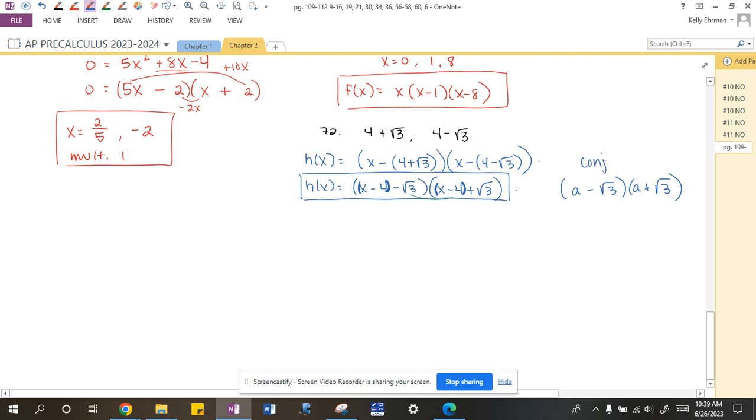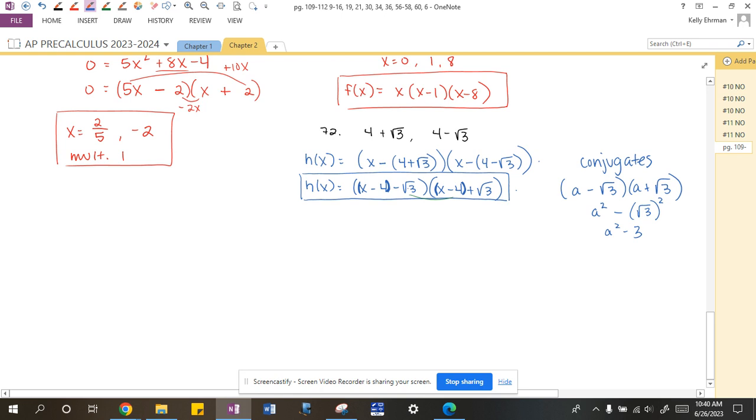We're going to use the term conjugates a lot this year because conjugates multiply together really nicely. A times a would be a squared. You'd get a plus radical 3a and a minus radical 3a, so those cancel, and then you'd get minus radical 3 squared, or minus 3.